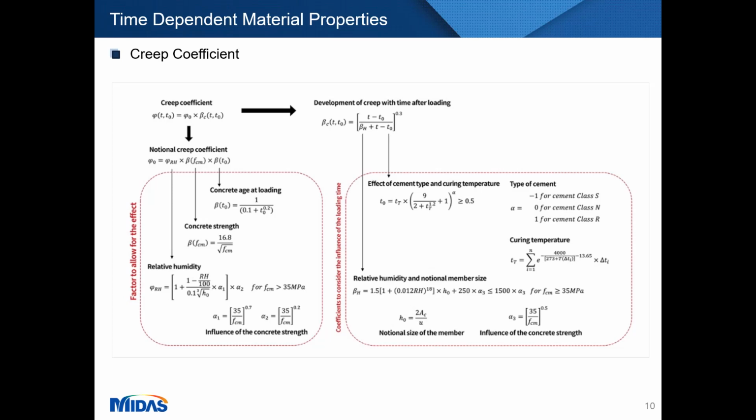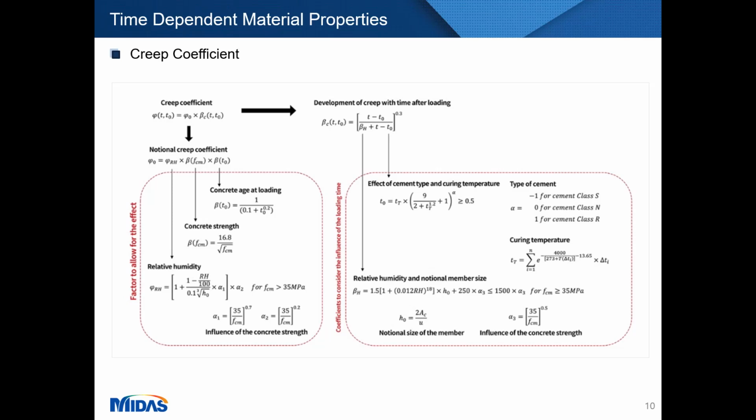The phi RH, which is relative humidity, can be calculated as per the given formula. It is also influenced by the concrete strength, which is reflected by alpha 1 and alpha 2. Similarly, beta FCM, which represents the concrete strength, can be calculated as per the given formula, and beta T naught can also be calculated. Similarly, for development of creep, beta C T naught can be calculated as per the formula shown in the image. Here, beta H represents the relative humidity and notional size of member, which governs the rate of creep in a particular member.